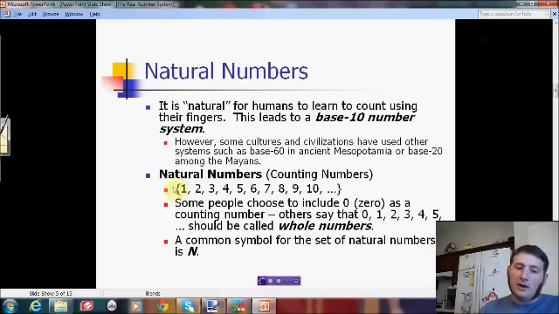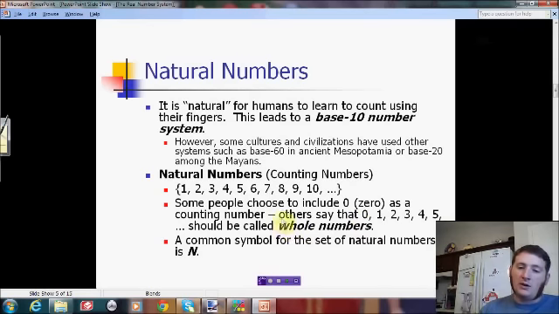If we're going to be thinking of them as sets, then to include them and think about them all at once, we use these braces to enclose the set, and then we would use the ellipsis, the dot, dot, dot, to show that it does keep going. Some people might be asking, well, what about zero? In elementary school or middle school, you might have heard about the whole numbers, and that included zero in addition to the natural numbers.